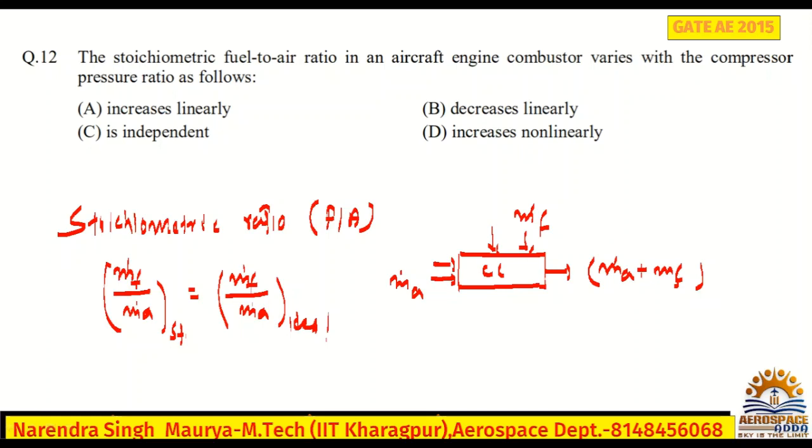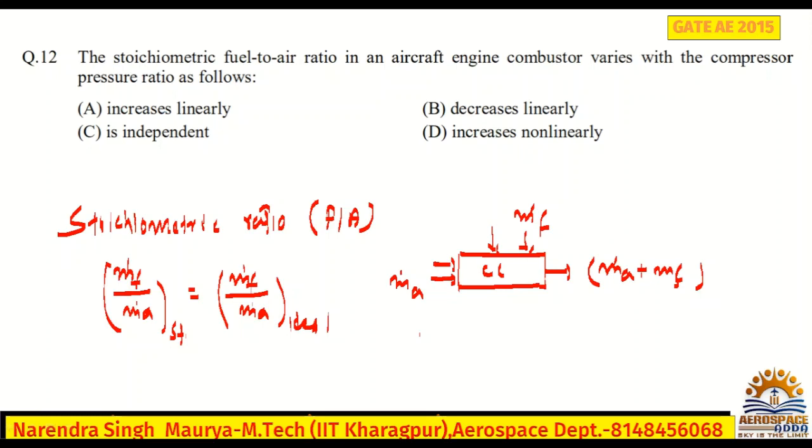That means the proper amount of fuel and the proper amount of air when mixed in the combustion chamber, so that combustion should be proper and optimum. That is called optimization of the combustion chamber also. What should be the proper amount of fuel and air when you mix them, so that it can raise the temperature as well as pressure to the highest condition?